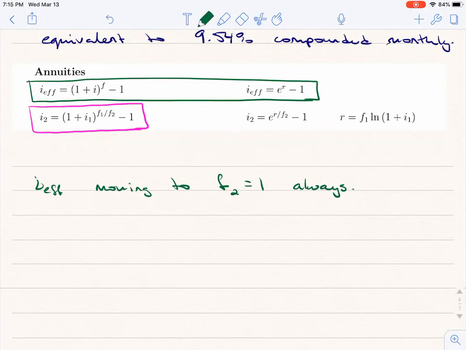So they're not really that useful, right? You can just say that in this I2 formula, the one in pink that I've highlighted, you can just make your F2 equal to 1, and you would have the same formulas. So those effective ones aren't really that useful, because it's just a special case.